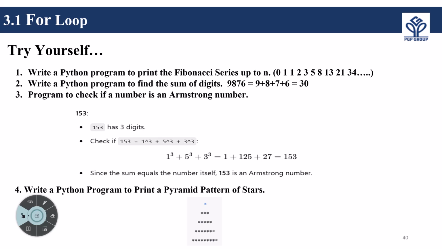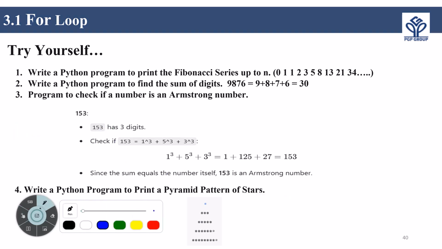So this is an example for you, this is a given assignment, okay. So try it yourself. Write a Python program to print a pattern, this is an example. Write a Python program to find the sum of digits. Write a program to check if a number is an Armstrong number.